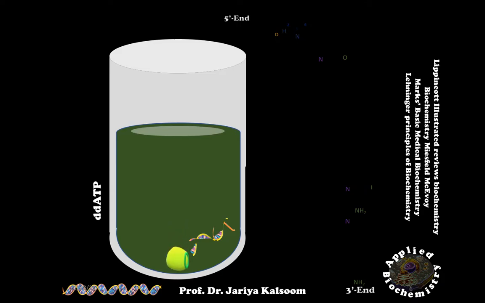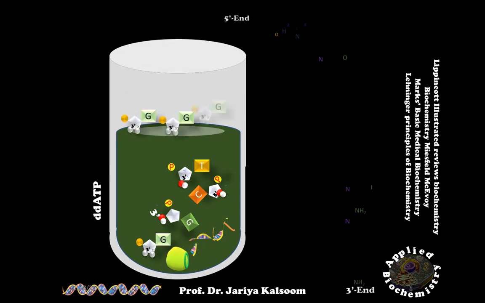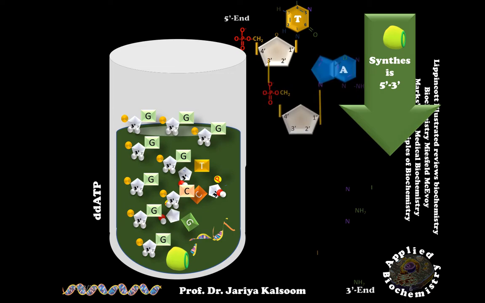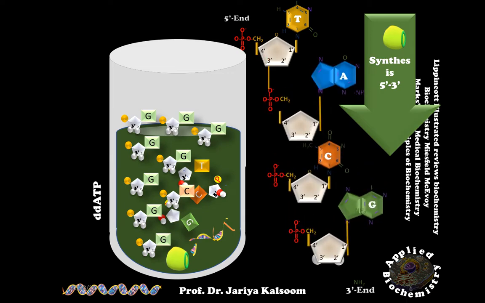The ddGTP can be inserted into the growing chain of the DNA, but after its insertion, elongation is stopped. As a result, DNA fragments of varying lengths are produced.